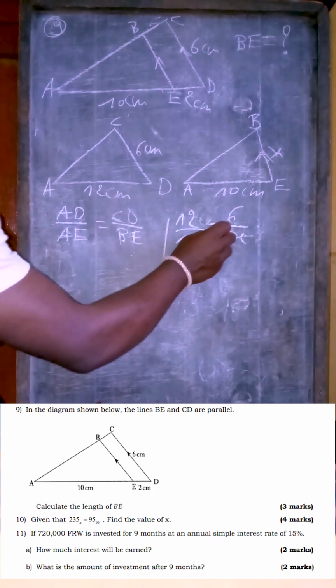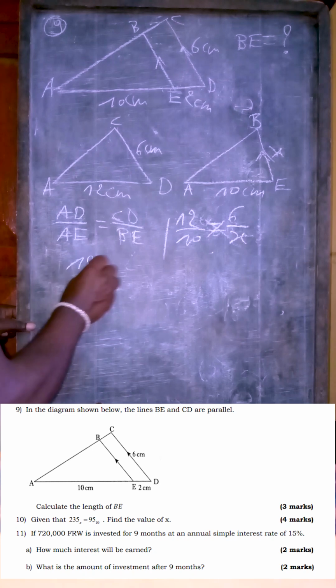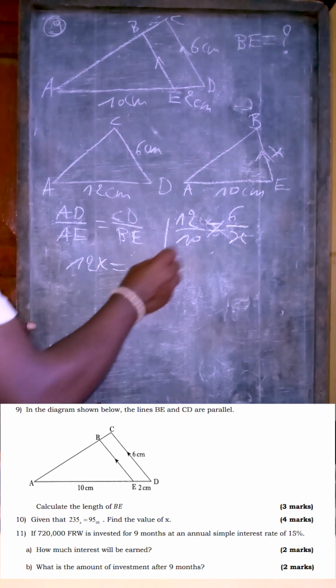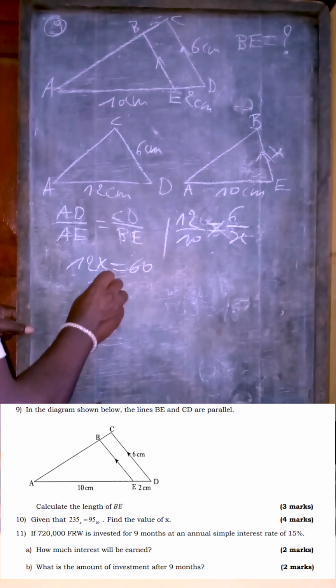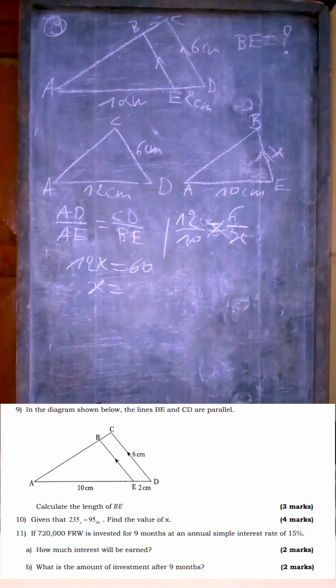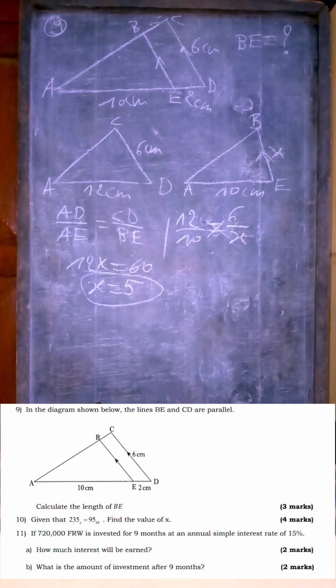And then we use the cross product, where 12 times x is 12x, and it is equal to 10 times 6, which is 60, and then x is equal to 5. This is the value of x. Then let us move on to question number 10.